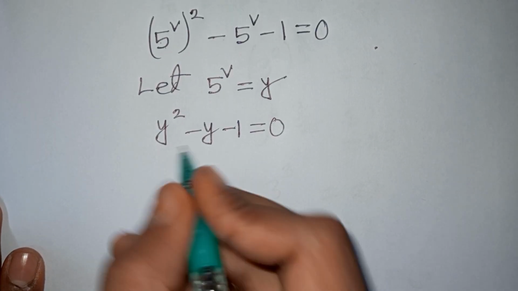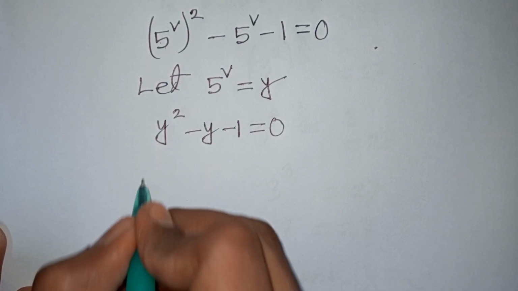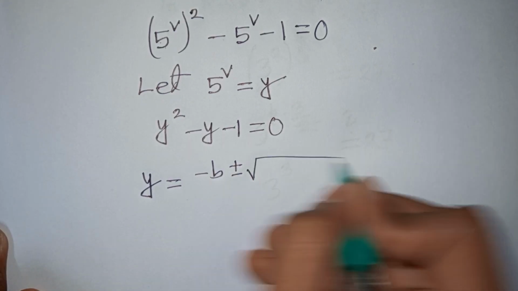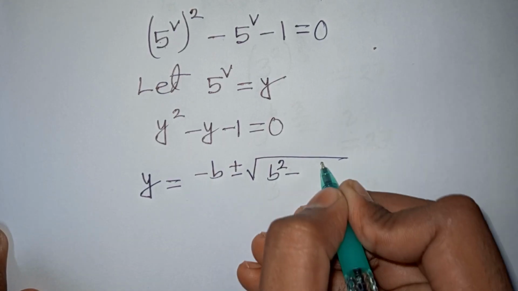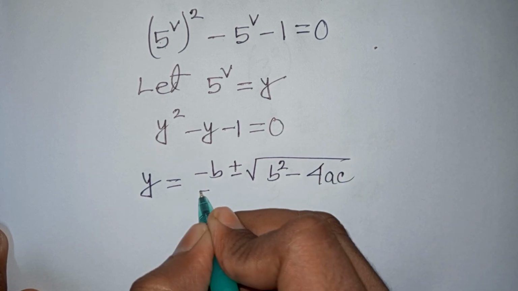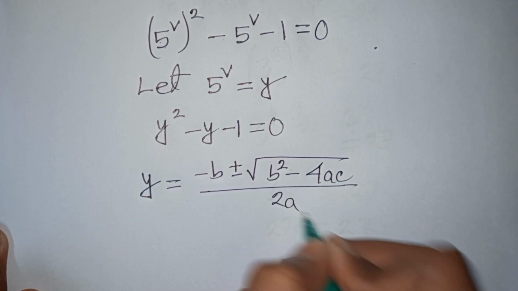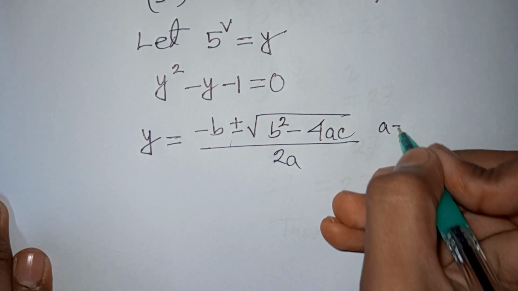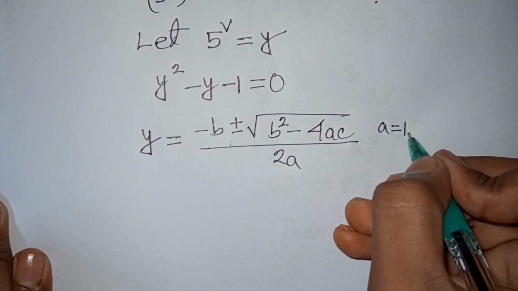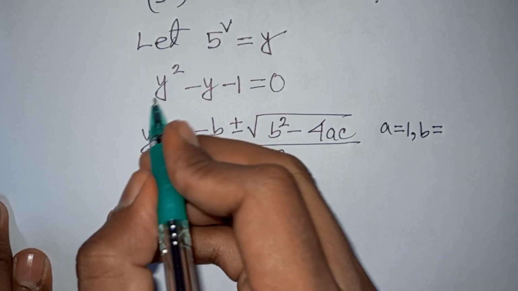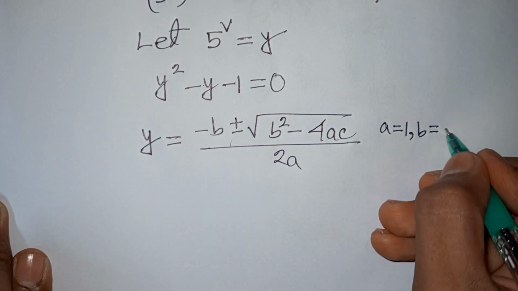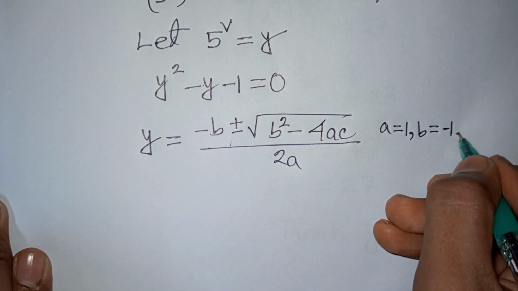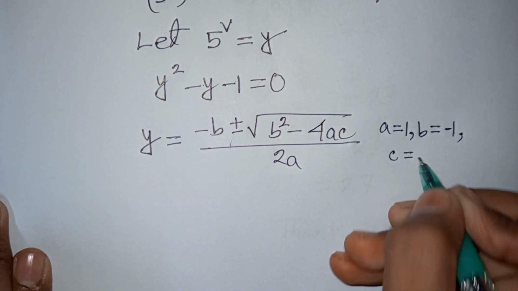Now here we apply the quadratic formula, so you can write here y is equal to minus b plus or minus square root of b square minus 4ac, divided by 2a. Here a will be equal to 1, b will be equal to minus 1, then c will be equal to minus 1.